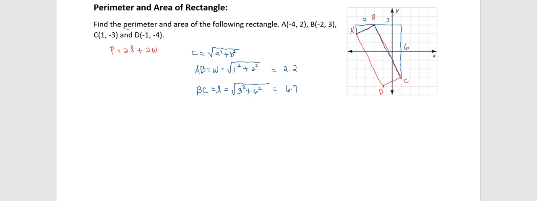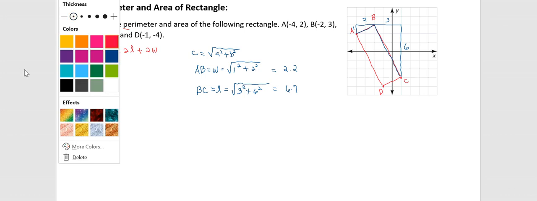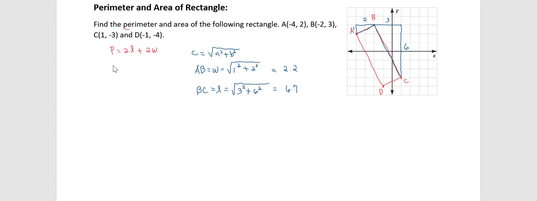So by substitution, the perimeter now becomes 2 times the length, which is 6.7, plus 2 times the width, which is 2.2.